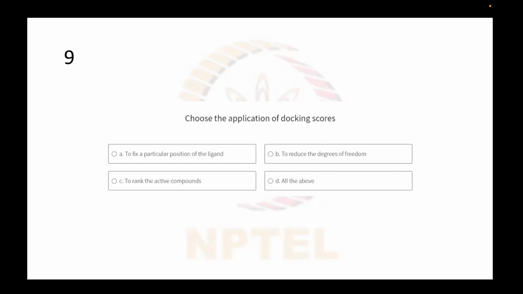What do docking scores tell? Choose the application of the docking scores from the below: to fix a particular position of the ligand, to reduce the degrees of freedom, to rank the active compounds, or all of the above.